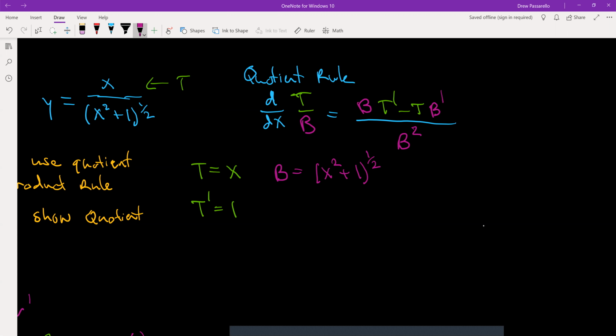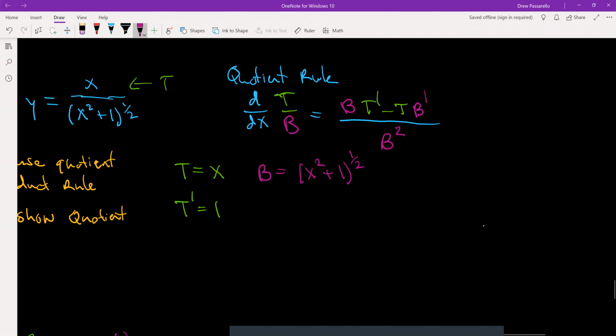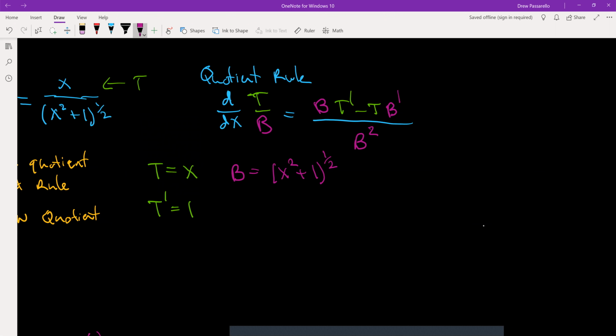And for the derivative of this, I'm going to have to use the chain rule. So the bottom function's derivative, B prime, using the general power rule: the outside function is raising something to the 1/2 power, and the inside function is x squared plus 1. So you drop the 1/2 down, and it's going to be that quantity, x squared plus 1, raised to the 1/2 minus 1, that is, you subtract 1 from the exponent.